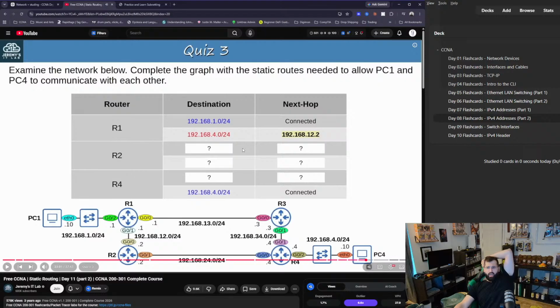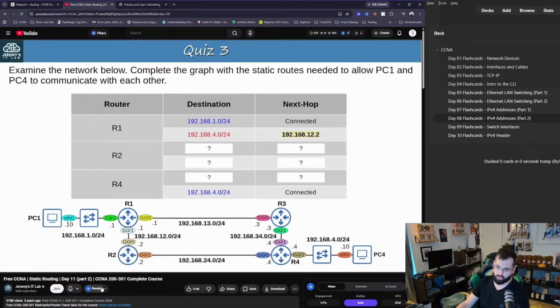Okay, good. So then the new destination is going to be going backwards because we need two-way communication. So this is going to be 0.1.0, and then this is going to be 12.1.